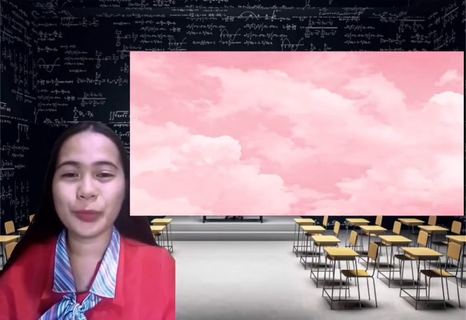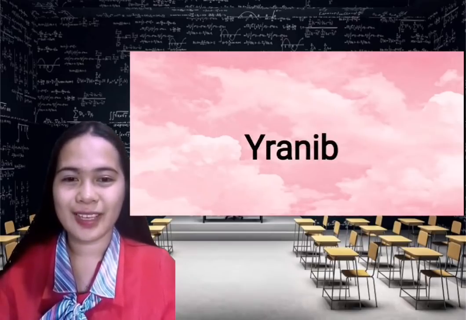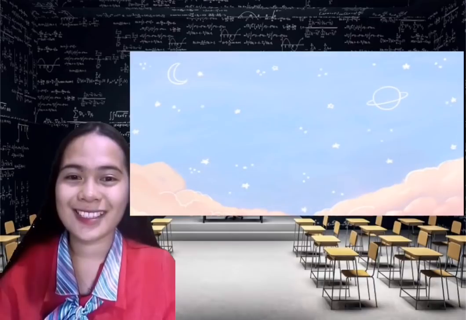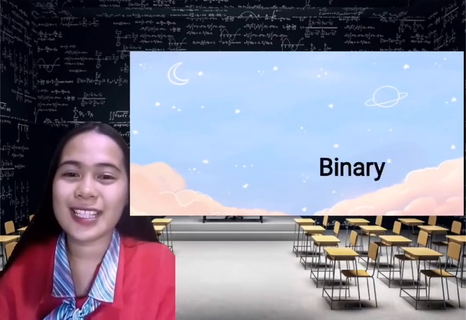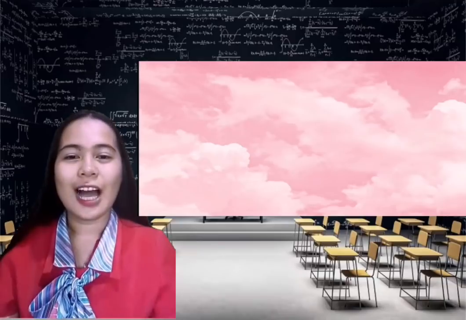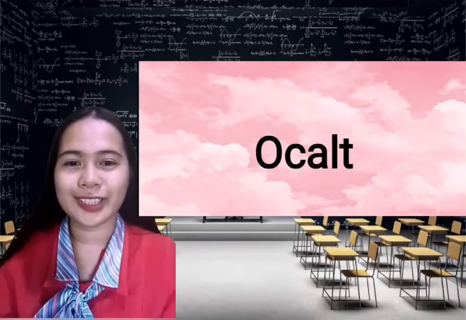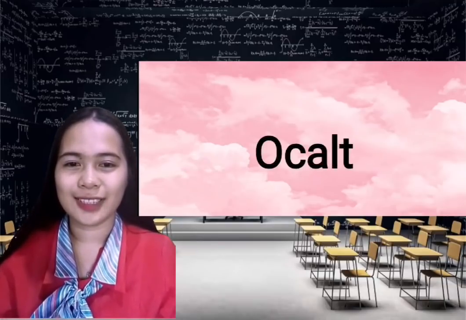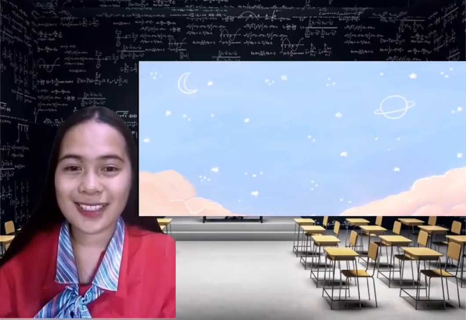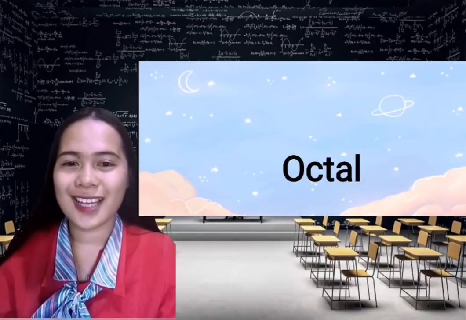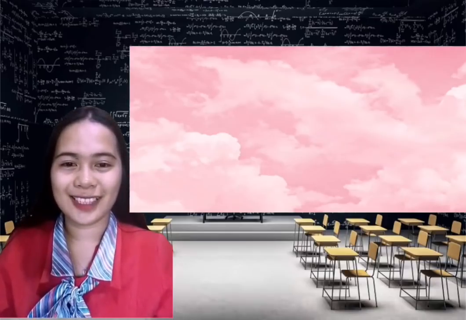The third jumbled word is this one. Alright, this is? Yes, very good. This is binary. How about this fourth jumbled word? Alright, this is octal.